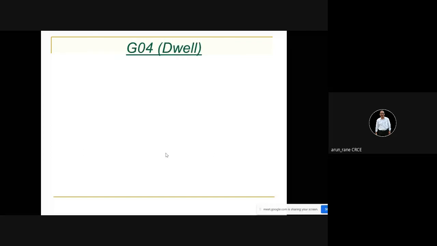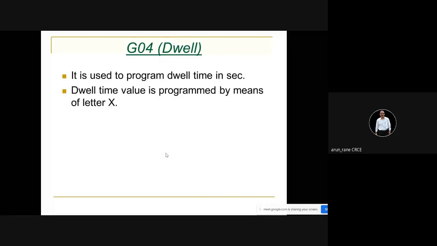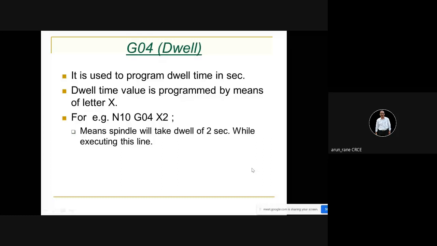Now G04. As I already told you, the function of the G04 is denoted by X in some controls, and in some controls it is P. For example, in case of Fanuc it is denoted by P, and in case of Siemens it is denoted by X. Remember, these are the two popular controls.